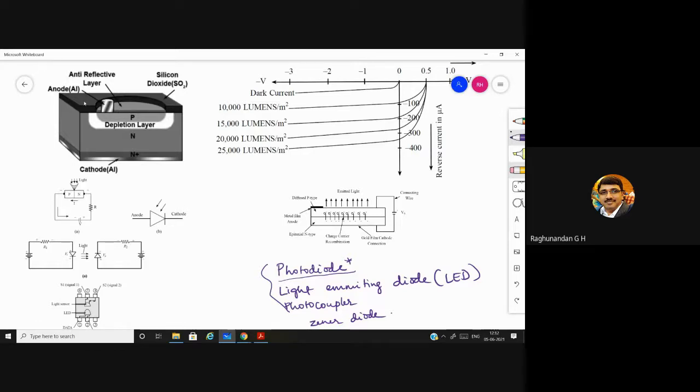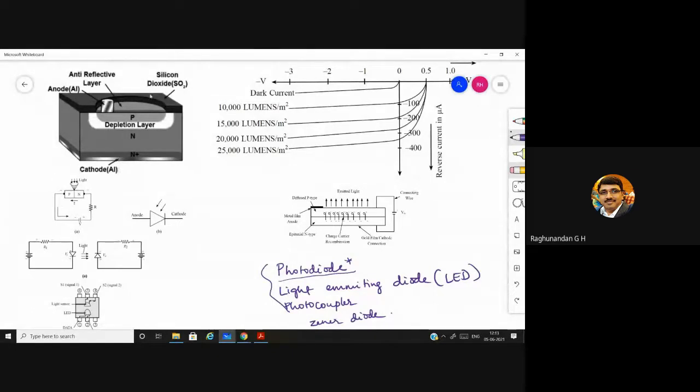This silicon dioxide acts like an insulator, an insulating layer. That means it avoids the leakage of current or leakage of charges. The charges cannot come out of this. Whatever charges are produced, that is excited, because of the light falling on the device will stay within this layer only, and if they want to go, they will go through the anode or cathode terminals only.